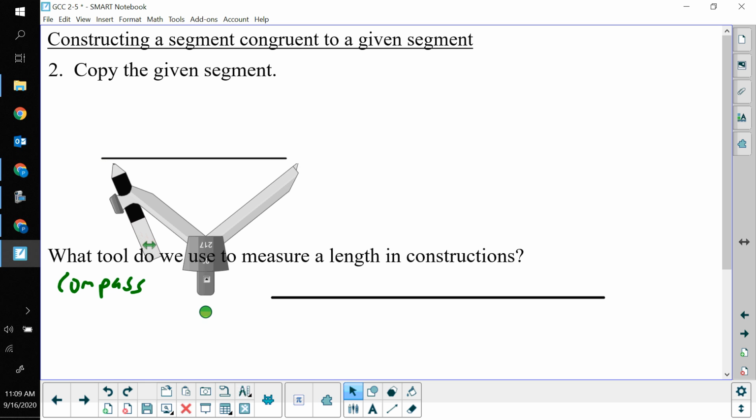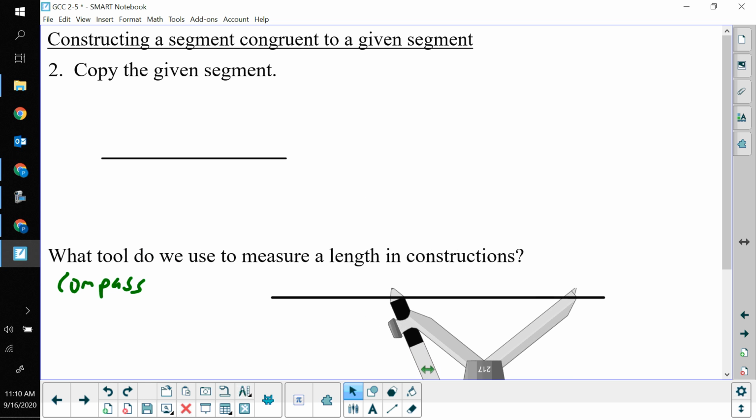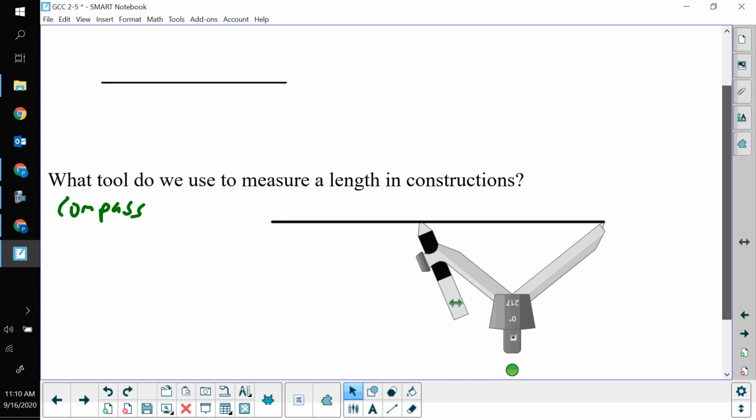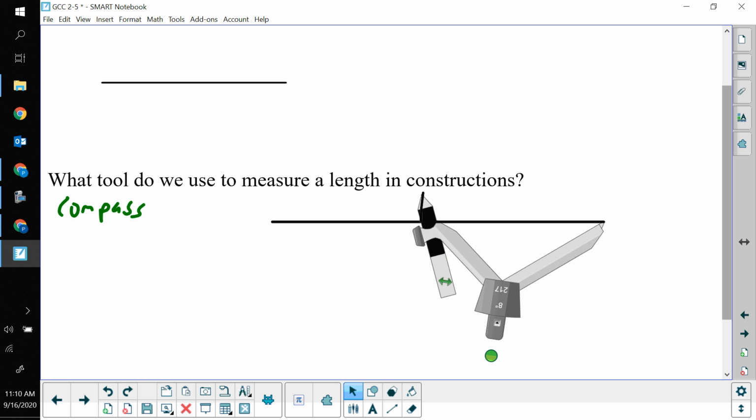What you're going to do now is bring it down to one of the end points of your line segment. It doesn't matter which one, and you'll put the point. So when I say the point, I mean the metal part. You'll put the point on one of the end points of the line segment, and then while holding that, just do a little mark to mark off the length.